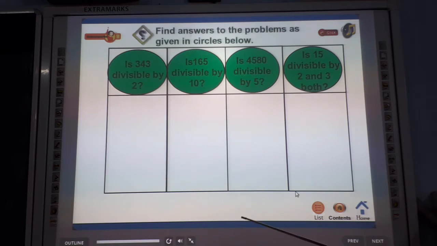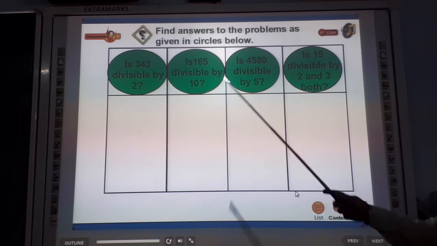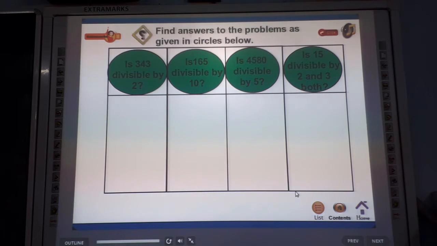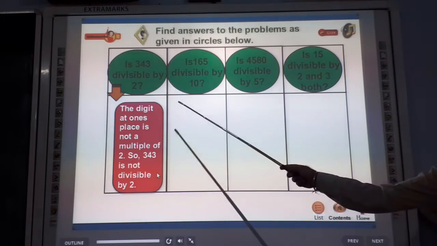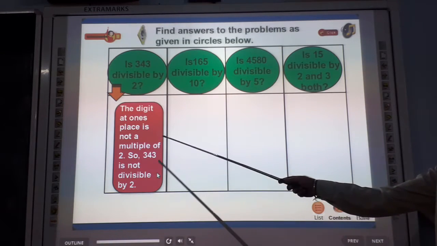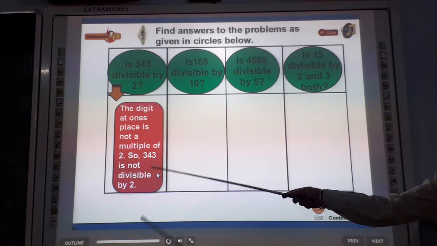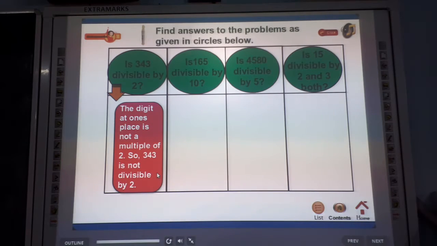There are some problem questions. Is 343 divisible by 2? The unit place is 3, so it is not divisible. The digit at the unit place is not a multiple of 2, so 343 is not divisible by 2.